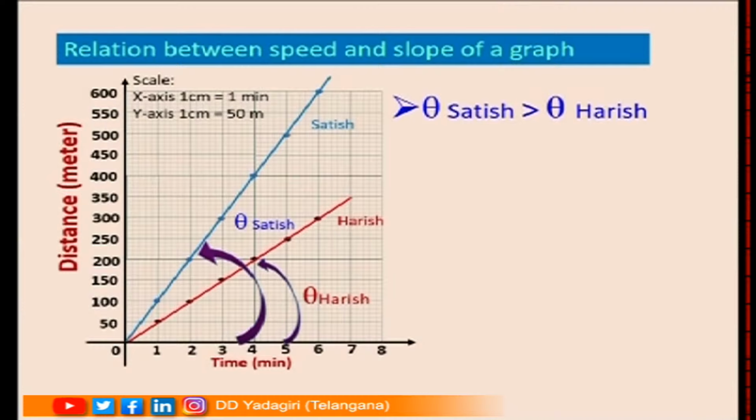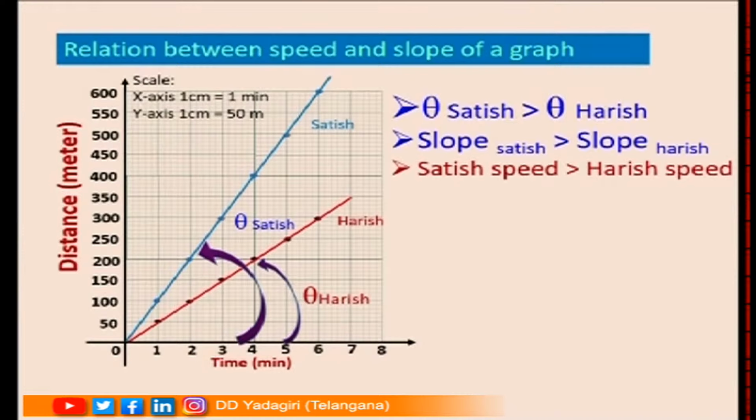From this we can say that the slope of the graph line of Satish is greater than the slope of the graph line of Harish. So the speed of Satish is greater than the speed of Harish. By observing the slope of these straight graph lines, we can easily say whose speed is more. Like this we can compare the speeds of uniform motion also by observing the slope of the graph line.